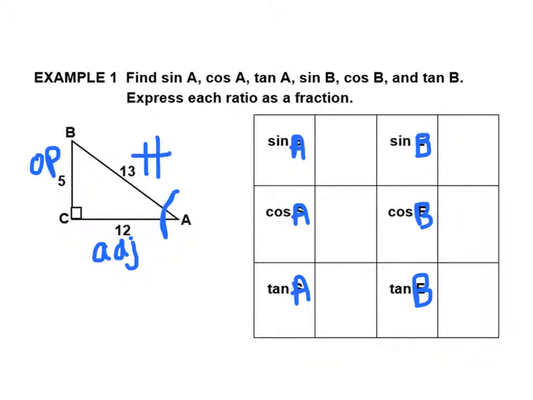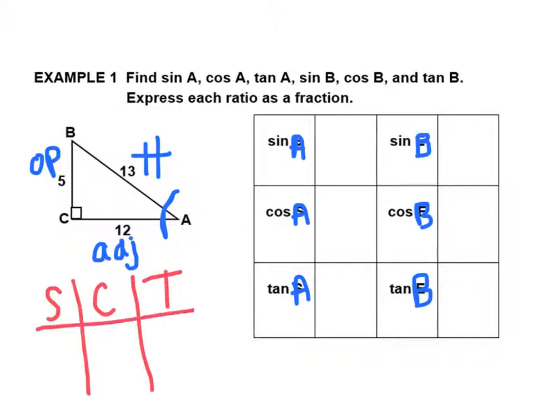One thing that you can do is go ahead and write a table out to help us remember what our ratios are. I always write my table just like this. SCT at the top, and then I remember our ratios: O over H, A over H, and O over A. We can use a mnemonic device to help us remember this one.